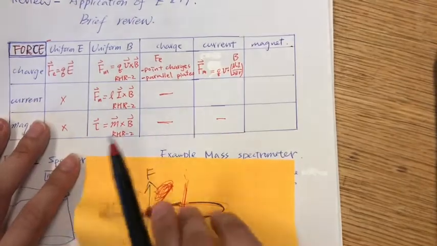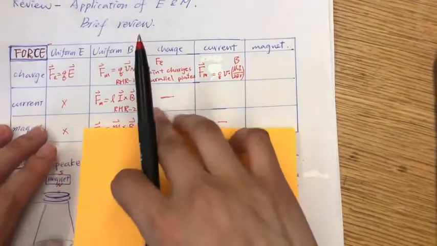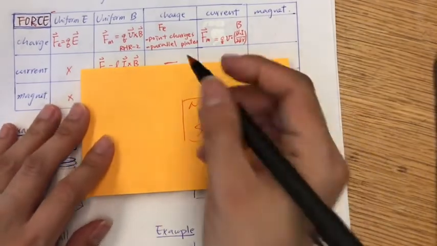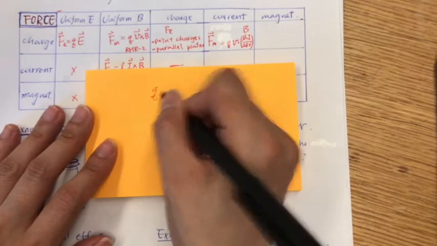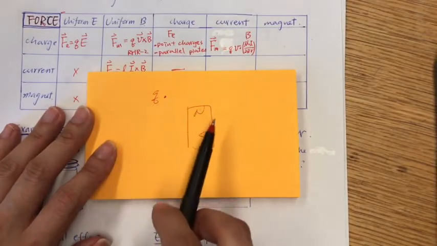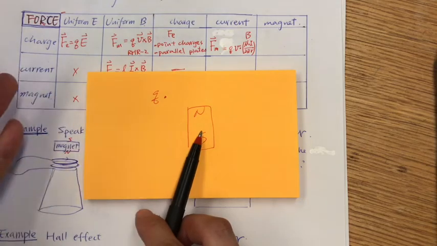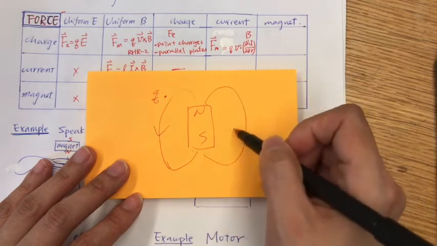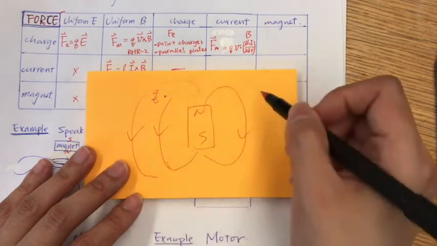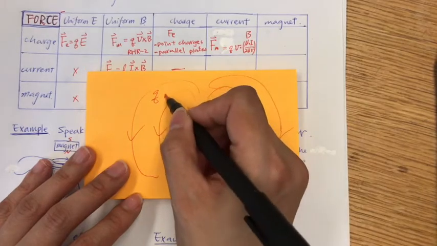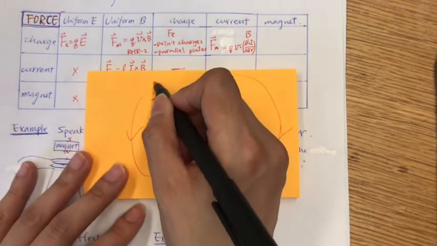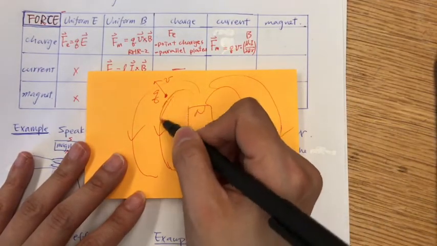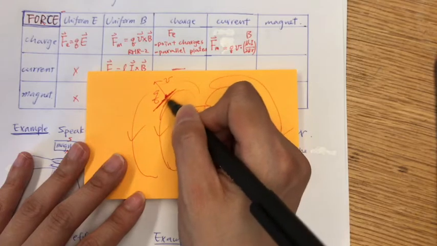So now let's see what happens with a charge and a magnet. If I have a magnet here, north and south, and I have a charge here. The charge will send out an electric field, but the magnet does not react to it, so there's no electric interaction. But the magnet will create a magnetic field from north to south. If the charge is moving, we can see the field coming this way is somewhat pointing in this direction.